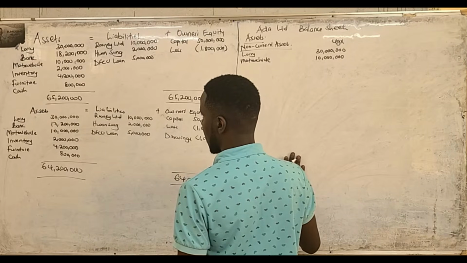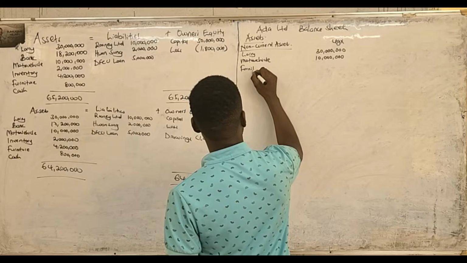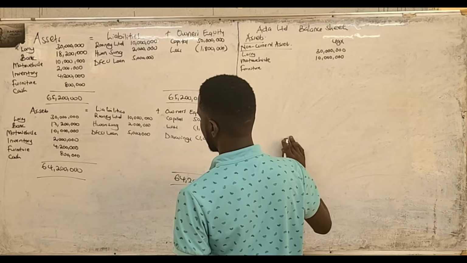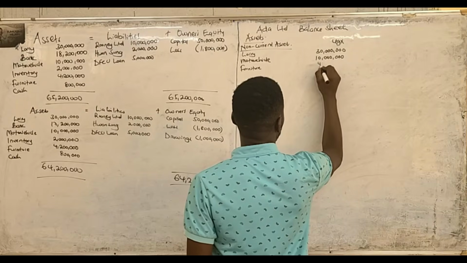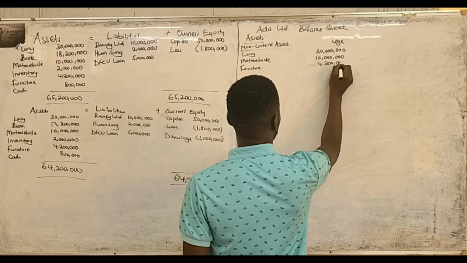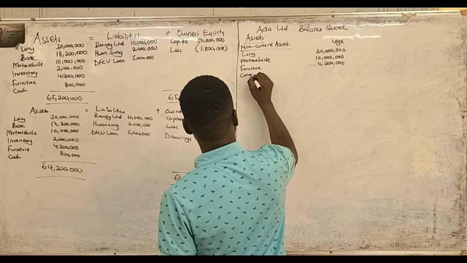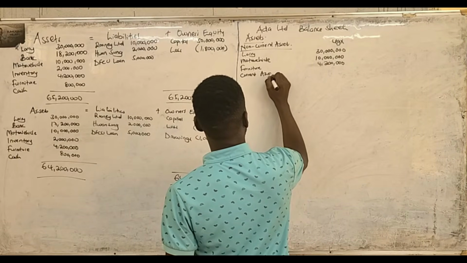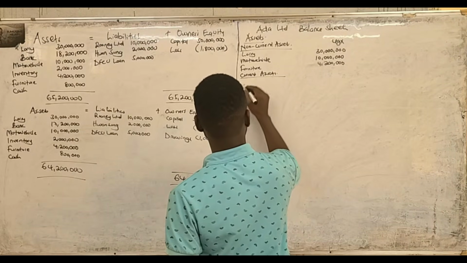Then we have furniture. And our furniture was 4 millions, 200,000. Then we come to the current assets. And the current assets, we have one, we have cash at bank.